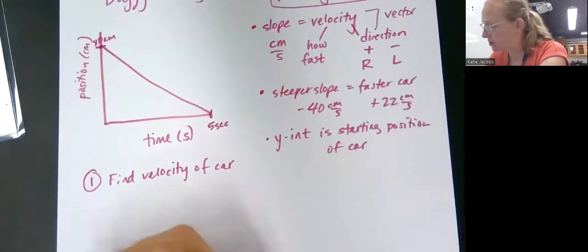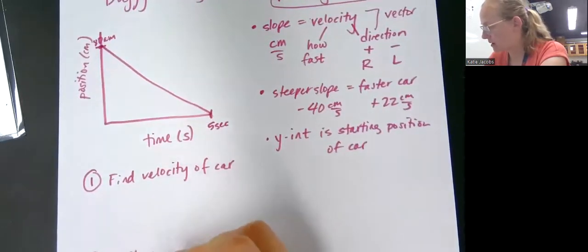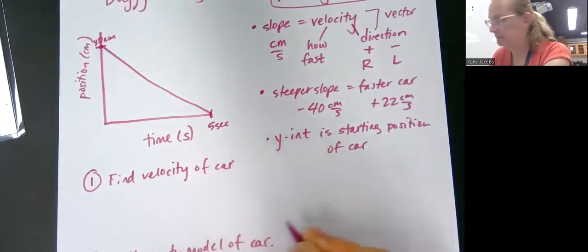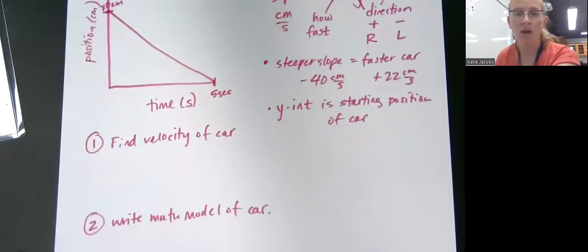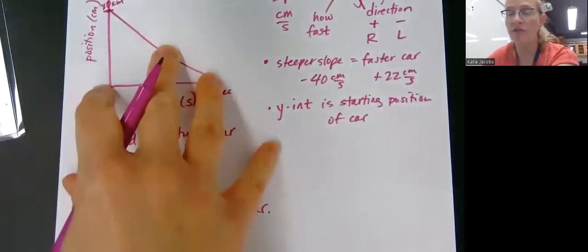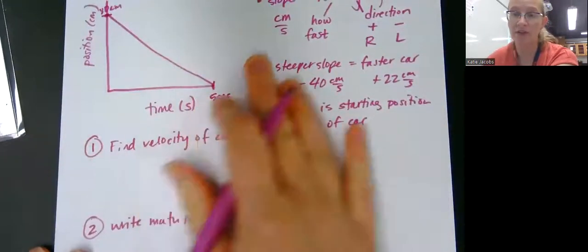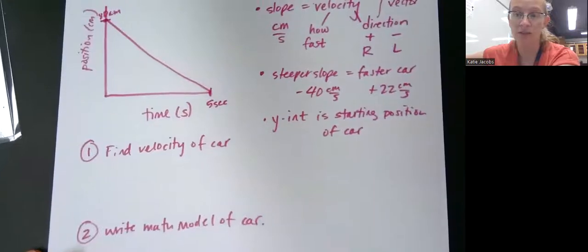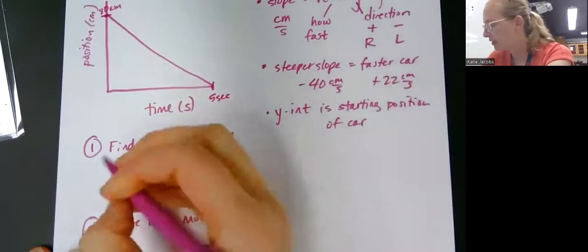And a good follow-up question would be write the math model of the car. So if I'm going to find the velocity of the car from a position time graph, I have to find the slope. That's the definition of velocity. It's the slope of the position versus time graph.